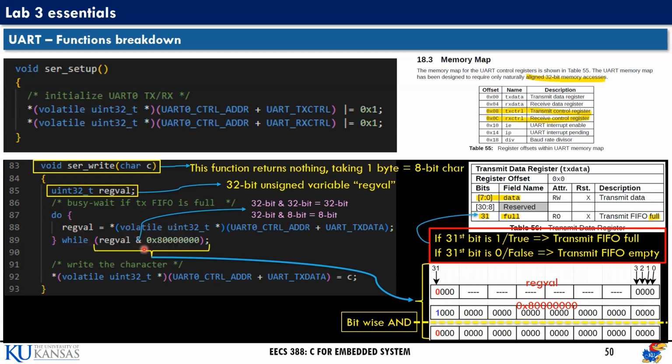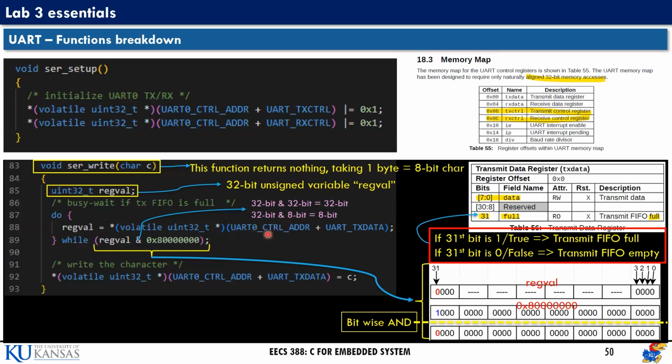Now let's dig deeper. As we can see here, we are doing an AND operation, and I want to tell you something. When we do a bitwise AND operation between two 32-bit numbers, the output is also a 32-bit number.